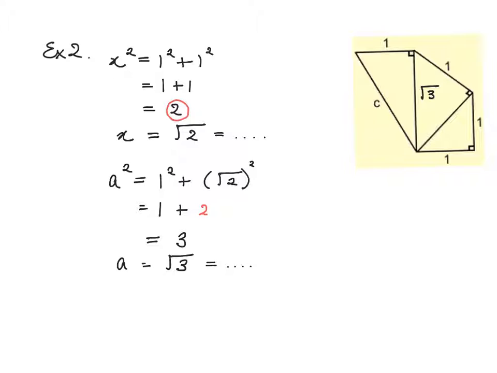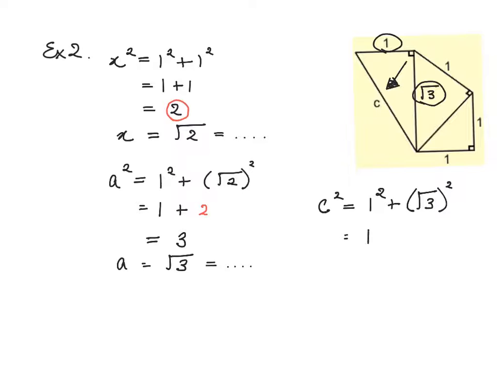The side that we're trying to calculate is the hypotenuse because it's opposite the 90-degree angle. The longest side calculation again, this is the last one. So c squared equals 1 squared, this one here, plus root 3 all squared.